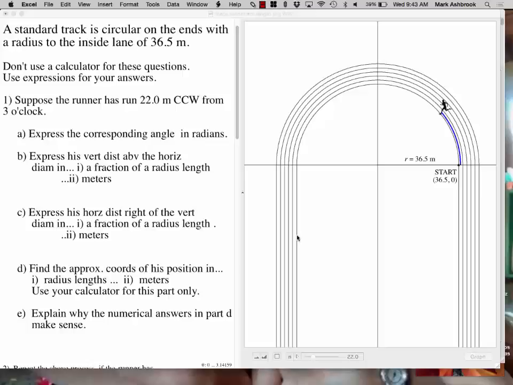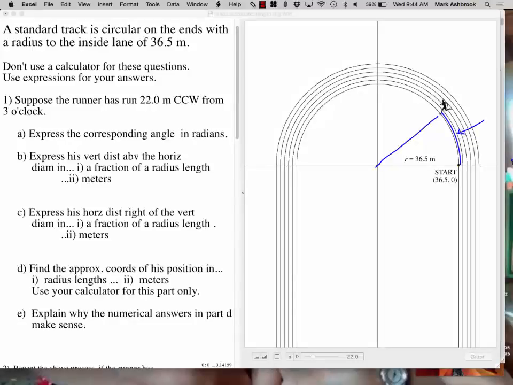How about Kenton? How does this go? So express the corresponding angle in radians. So what angle in radians? 22 over 36.5. Right? It's going to be the number of radius lengths. How many radius lengths is that? That's what we're asking.